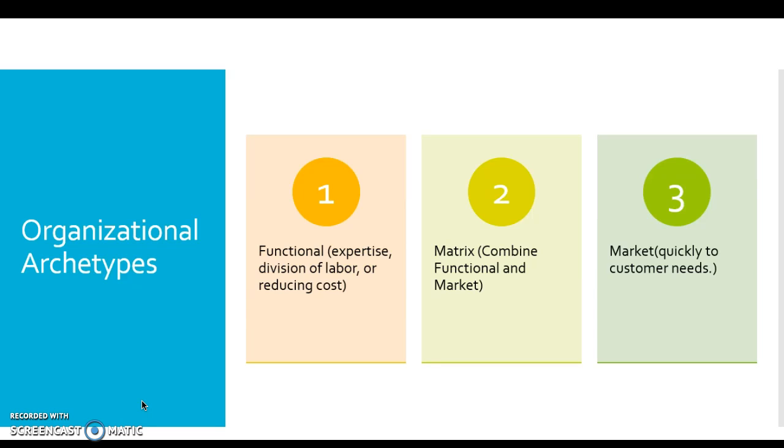The first one is functional, and it's focused on expertise, division of labor, and reducing costs. The third is market, which focuses on the customer. Its intention is to attend quickly to customer needs. And the second is the combination of the functional and market archetypes.